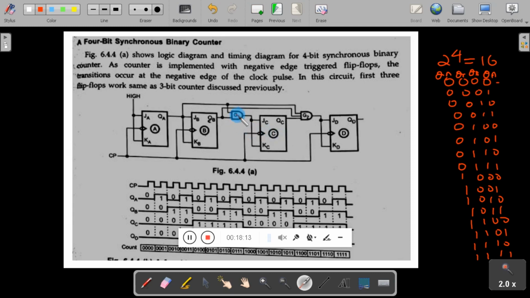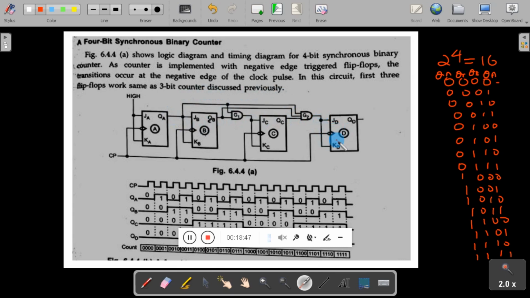So QC changes when both are 1. So what we are doing is giving input by taking QB and QA through an AND gate. Similarly, when QA is 1, QB is 1, and QC is 1, during the next clock cycle, QD changes. So QD changes when all 3 inputs are 1. So we take one AND gate, connect all 3 inputs to the AND gate, and the output of the AND gate is given to this one.